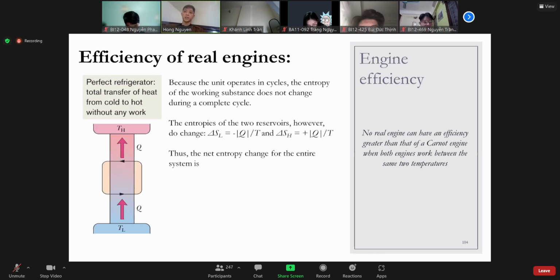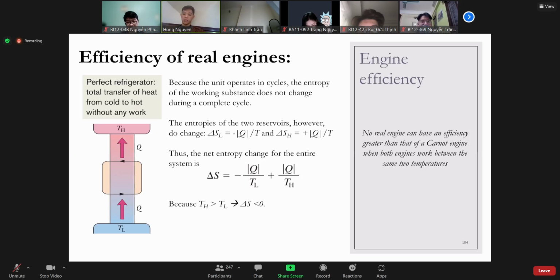Then the entropy change for the entire system, we can write it like this, right? And if we put 0 for delta S, I'm sorry, here we do not even put 0.